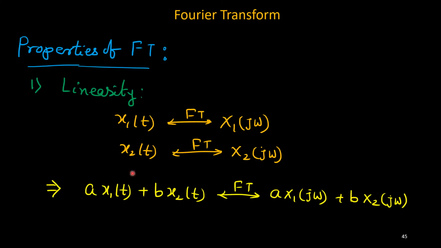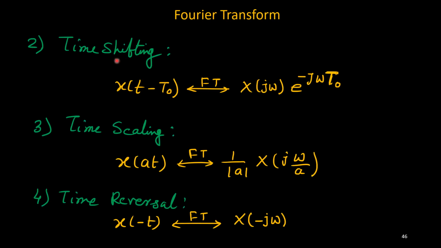So I can consider a composite signal by taking a linear combination of two or more signals, and using linearity we can find the Fourier transform of this composite signal very easily by taking the same linear combination of their spectrals. This is very useful.